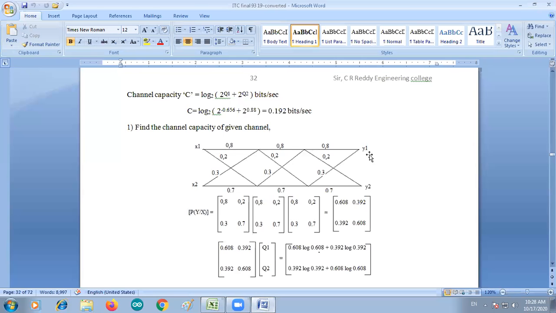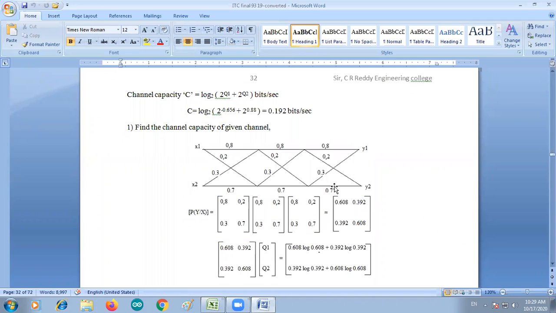Now the probabilities are given here: 0.8, 0.2, 0.3, 0.7, the same for each. That means the same binary symmetric channel is added as cascaded.